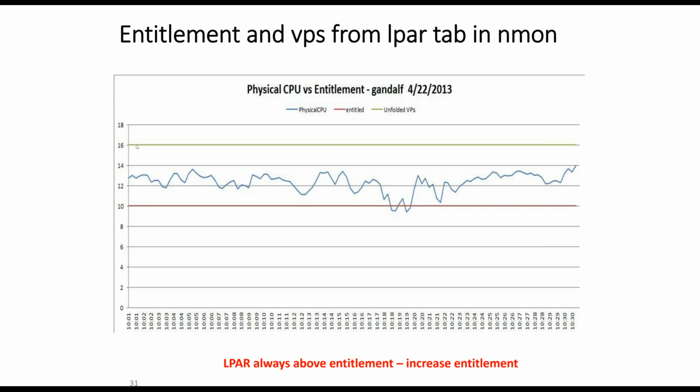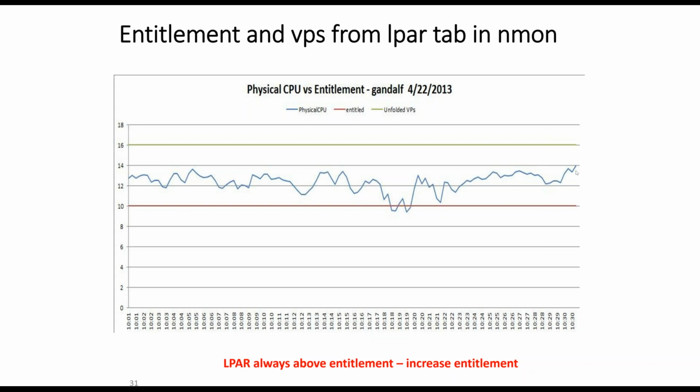So here's my unfolded VPs. Like I said, on a Power 7 and Power 8, most likely you will never see anything unfolded unless you've really, really oversized the LPAR. In this case, you can see my entitlement is 10 and I'm constantly over my entitlement. So again, it's an indicator I need to increase it.